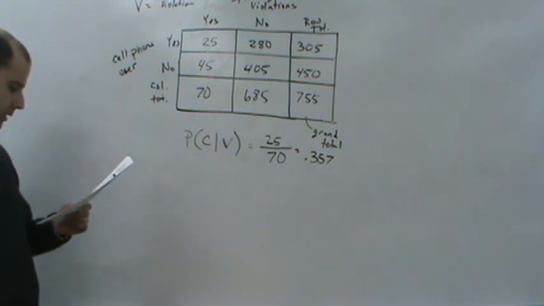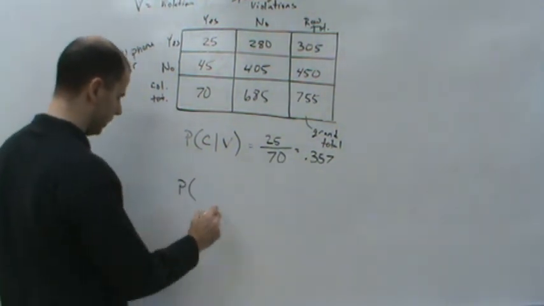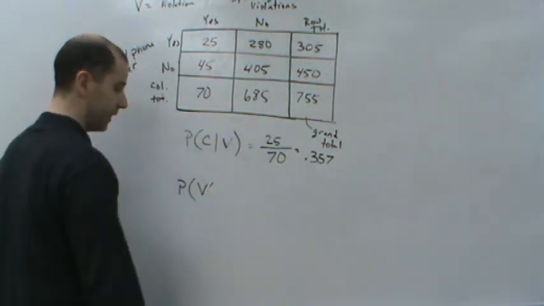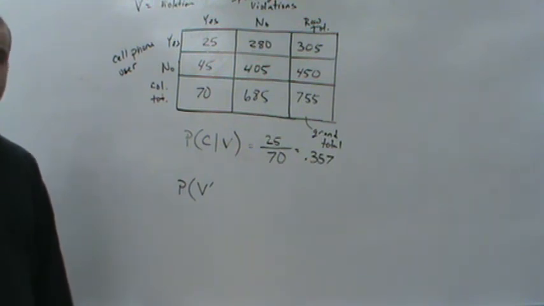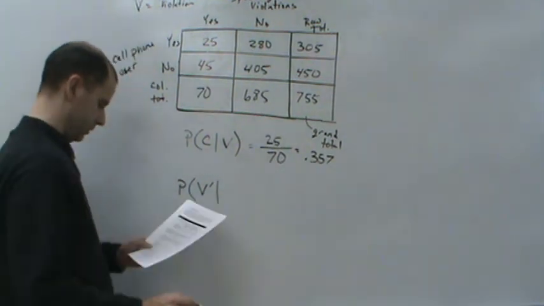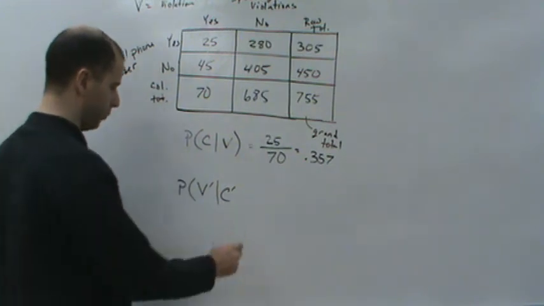Okay, now let's do this one. Let's do the probability that a randomly selected person does not have a moving speeding violation in the past year, given that they are not a cell phone user.